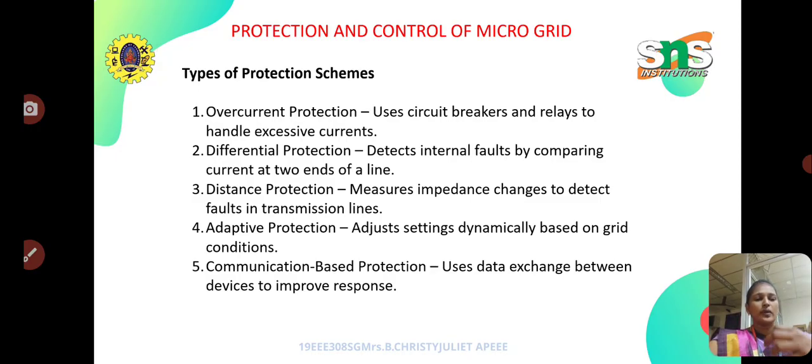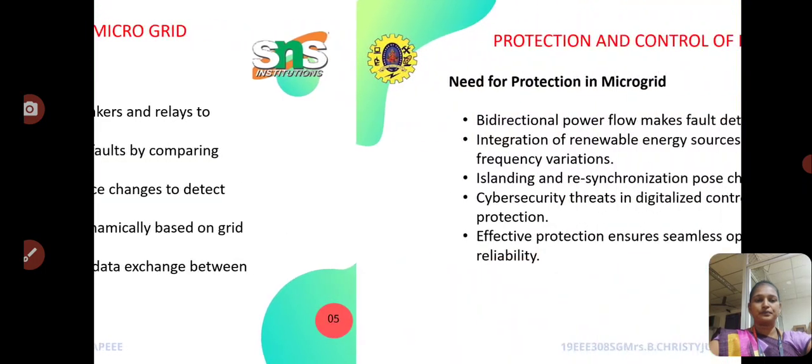So there is always a data exchange between the devices in a smart grid and microgrid as well. So we have to provide proper communication-based protection, because it uses data exchange between devices in order to improve the response. The faster the data exchange, the faster the response will be. So this communication-based protection is needed in order to avoid cybersecurity threats.